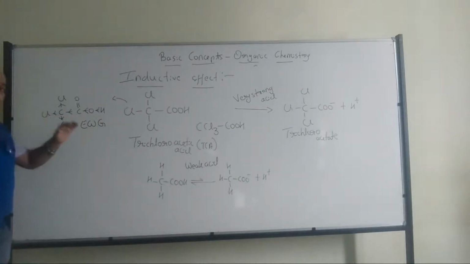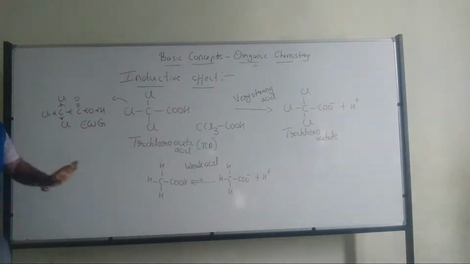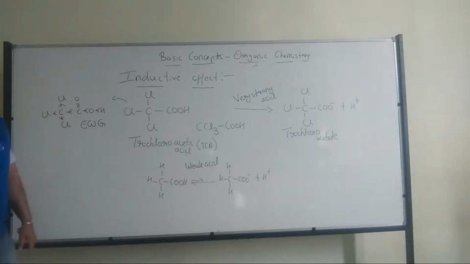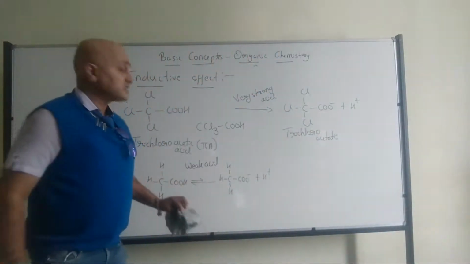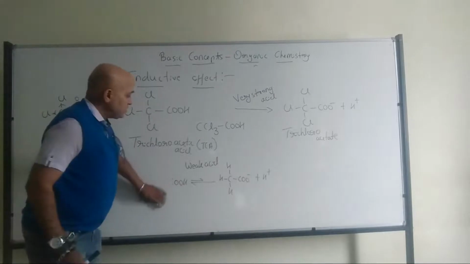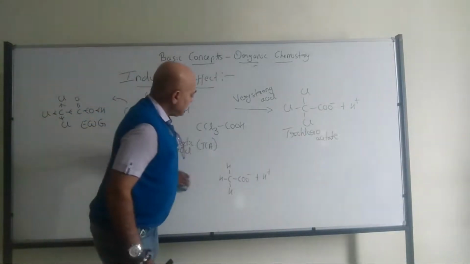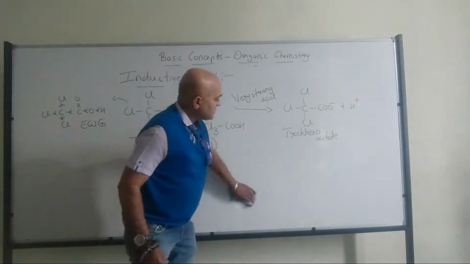Here only sigma electrons are involved. And finally, this OH bond will become weak. This is called the inductive effect. Got my point? Okay. That's one of the examples for the inductive effect.